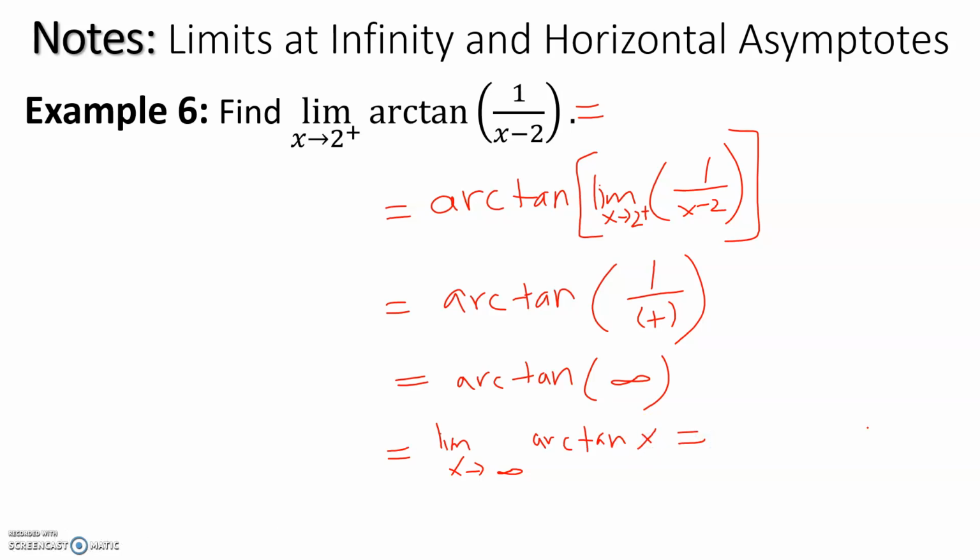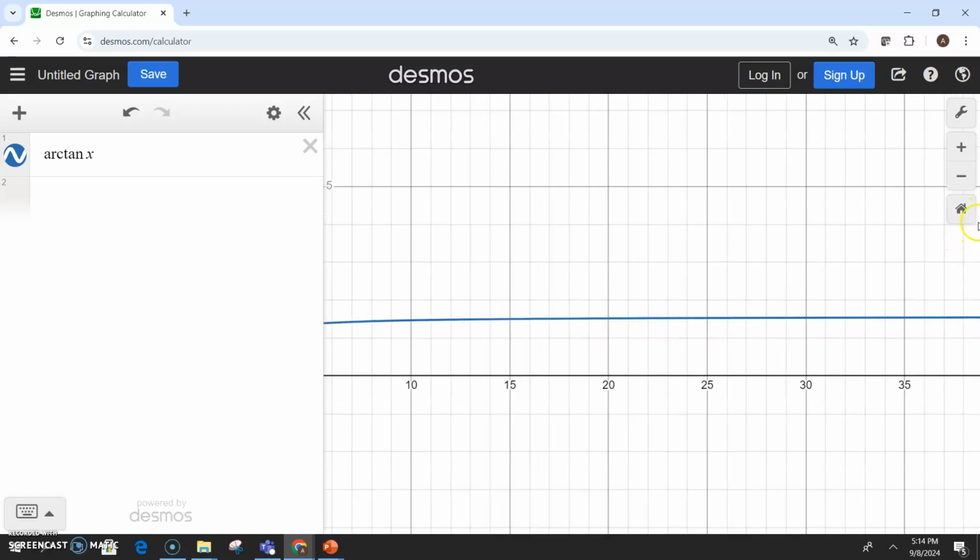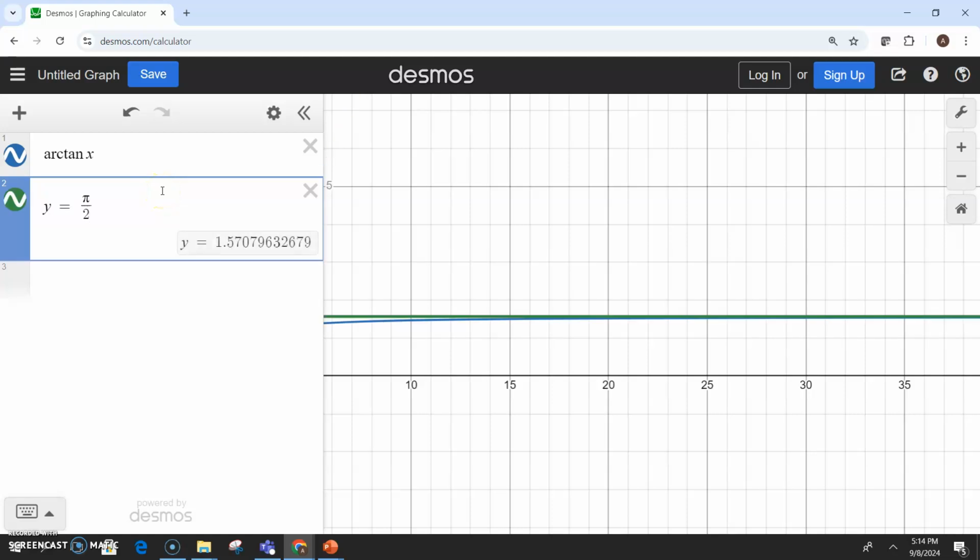All right, so if we look at the graph of arctangent, we can understand what's happening here. So let's take a look. So we look at the arctangent, we'll notice that as we approach infinity, we get stuck right here, at this pi over 2 value, this y equals pi over 2.